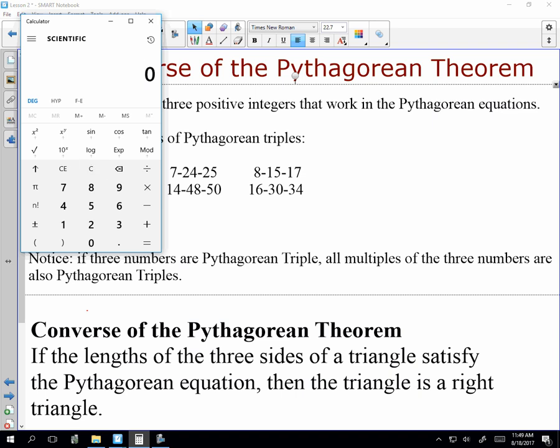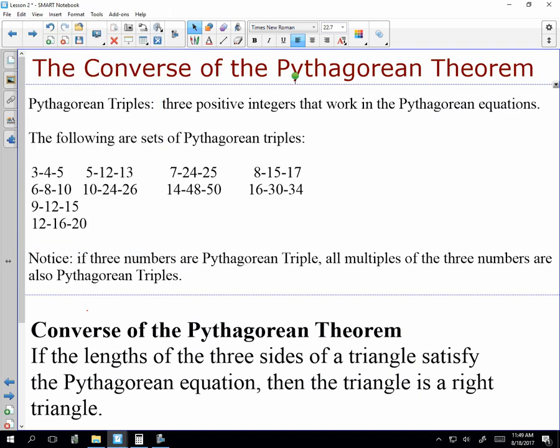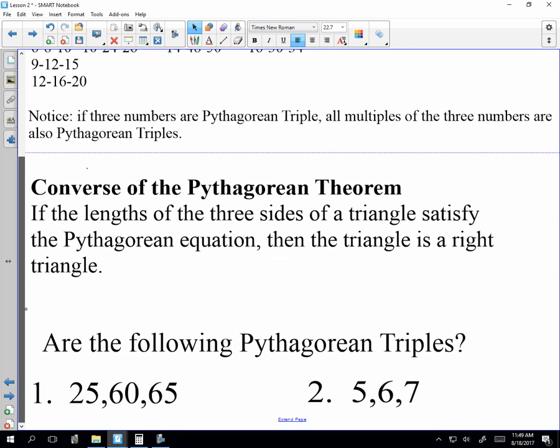If we look at this last set, 8 squared plus 15 squared equals 289. If we square root 289, we get 17. So all of those values are what we call Pythagorean triples. They are all possible leg lengths with hypotenuse of right triangles.